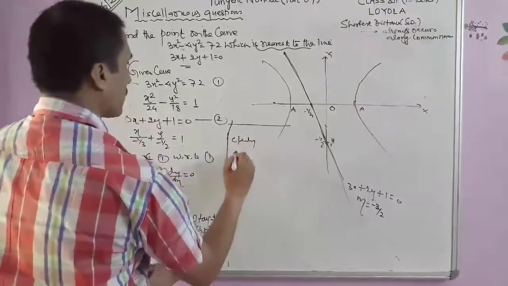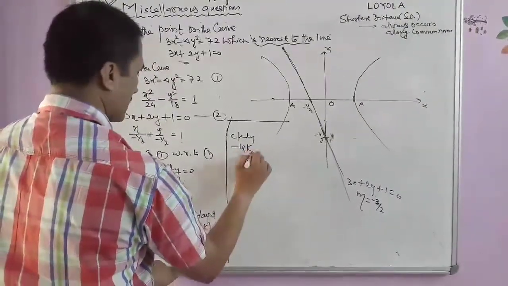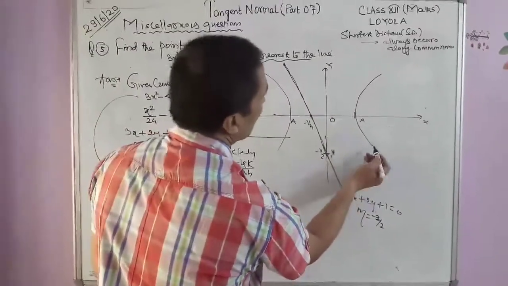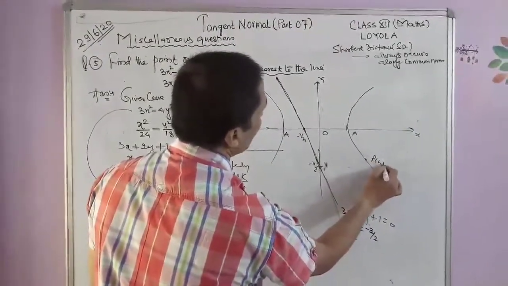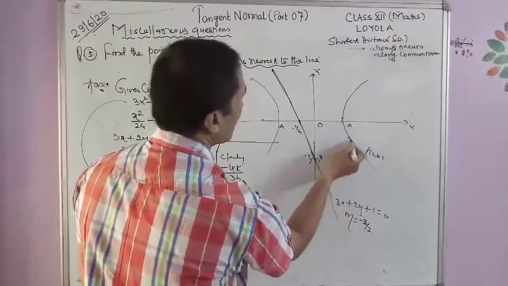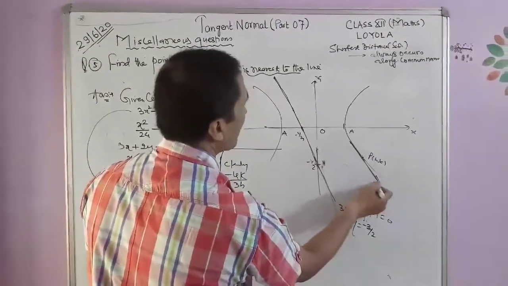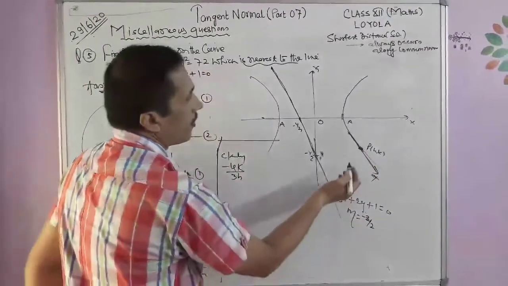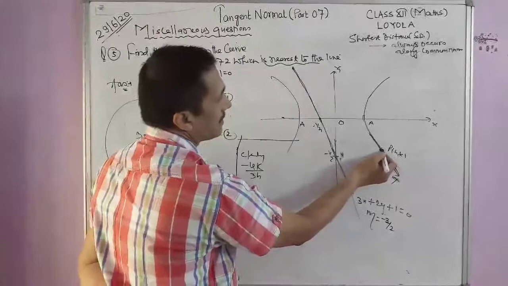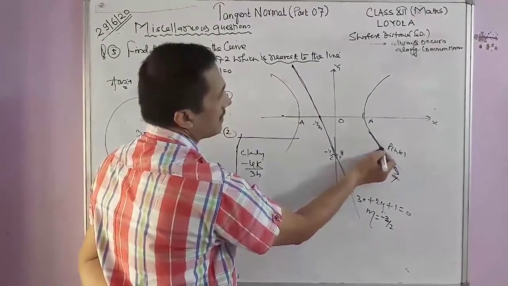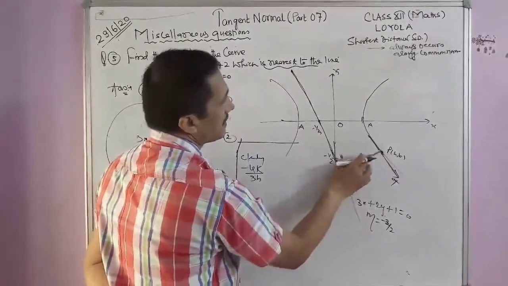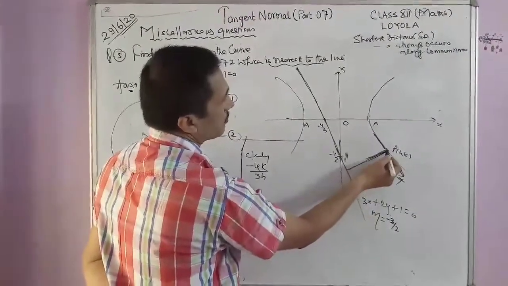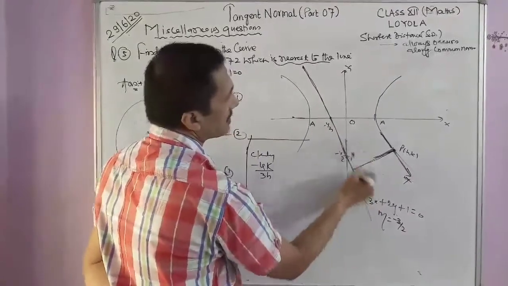Clearly, the shortest distance is along the common normal, so the normal is perpendicular to this line.